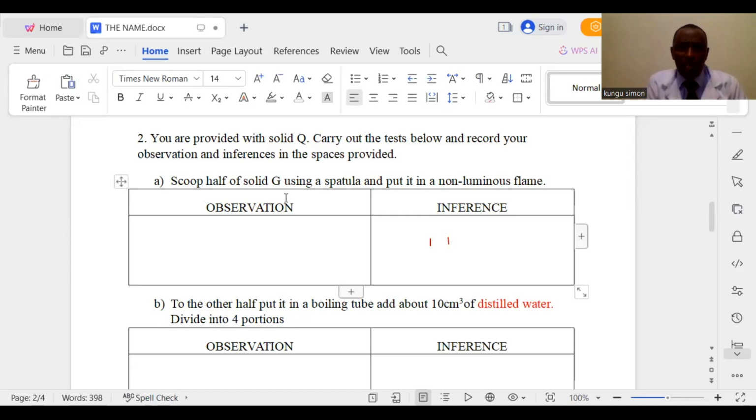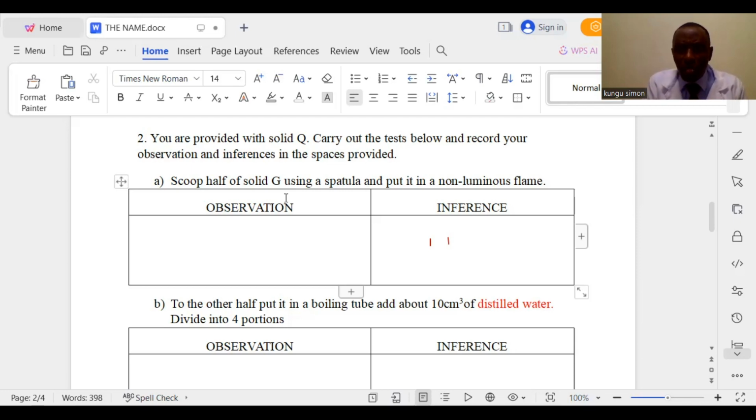Now, every time an examiner asks you to put a solid or to burn a solid, what you'll be trying to look at mainly is the flame produced. And mostly we do expect a blue flame. This is for the saturated organic compounds, for example, the alkanes. The alkanols also can burn with this.